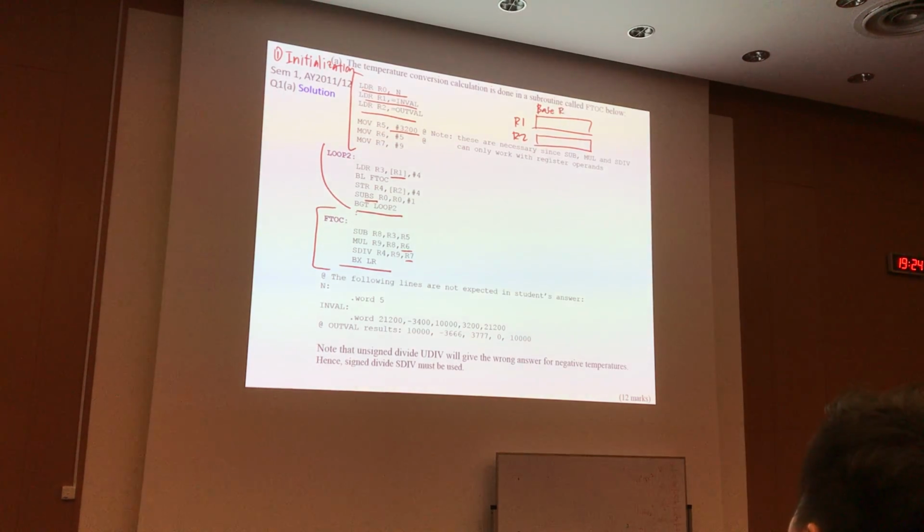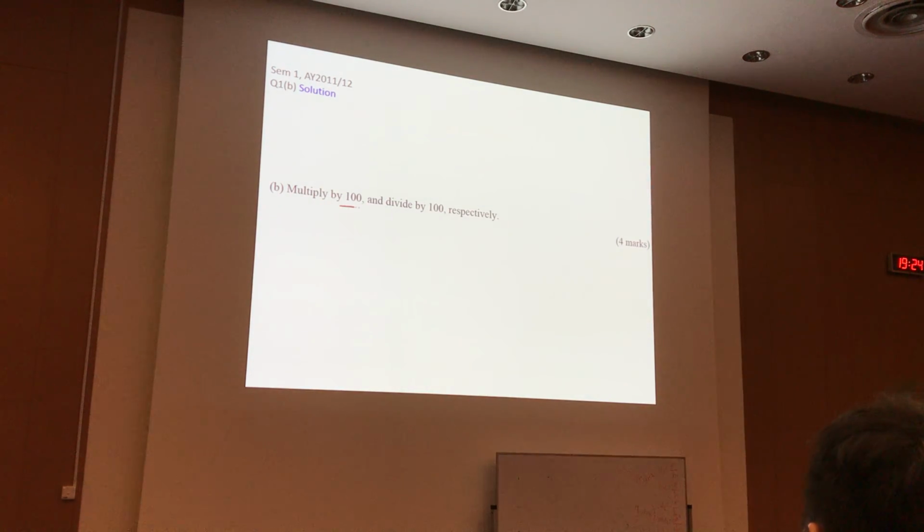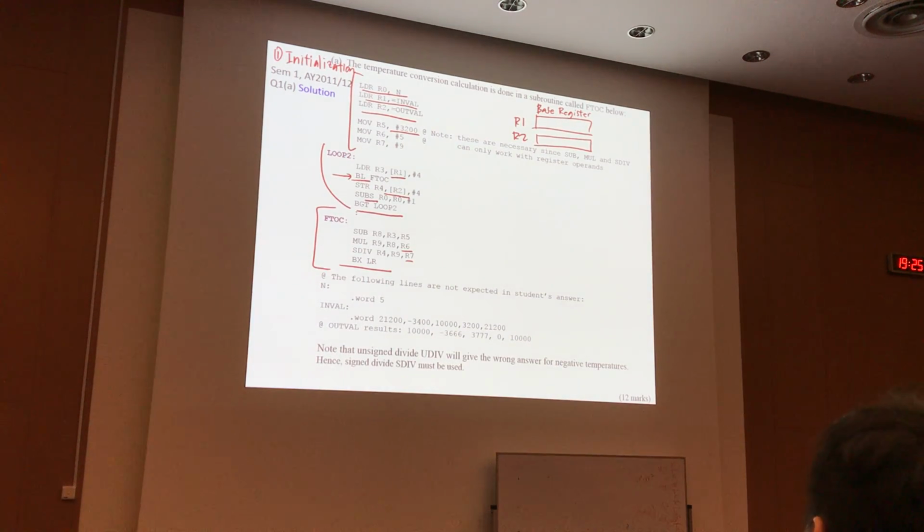So if these two are base registers, you would expect this R1 and R2 to be in square brackets for the load and then for the store, right? And this is the calling of the subroutine, you know, is BL, right? And then the conversion is multiply by 100 first and then divide by 100 at the end.